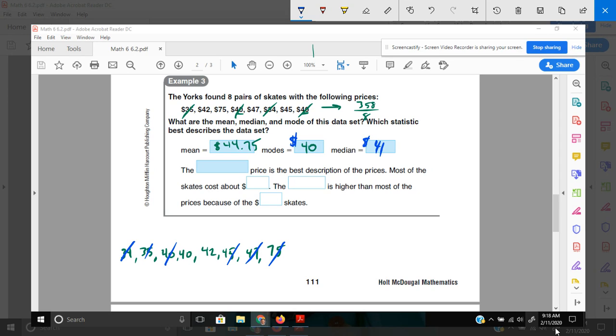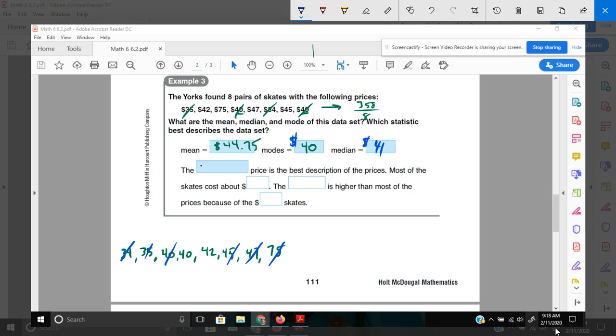Okay. So which of these data points is closest to what most pairs of skates cost? Well, if you took all of these numbers and looked at the closest number you could get to, if you were to say you took all the skates, which one best represents the prices?